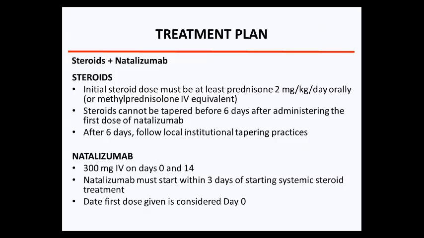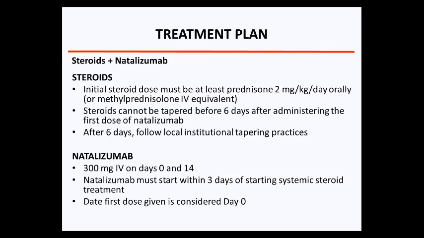Steroids. Initial steroid dose must be at least prednisone 2 mg per kg per day orally, or methylpred. Again, 2 mg per kg per day of methylpred is also allowed. Steroids cannot be tapered before 6 days after administering the first dose of natalizumab. After the 6 days, follow the local institutional tapering practices or this one that we propose.